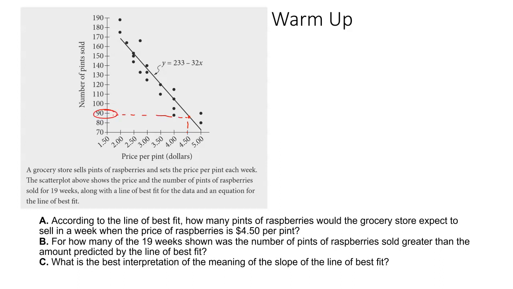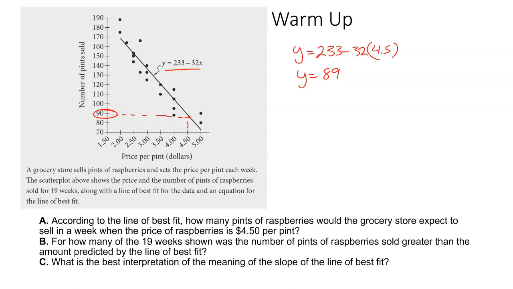But if I want the exact value, I need to plug it in. Y is 233 minus 32 times 4.5, which gives me 89 pints. So 89 pints of raspberries sold at $4.50 per pint.